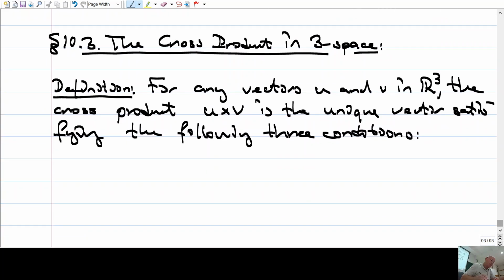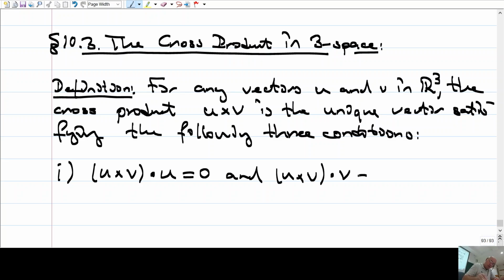What are these conditions? The first one is this: u cross v dot product u is equal to 0 and u cross v dot product v is equal to 0.